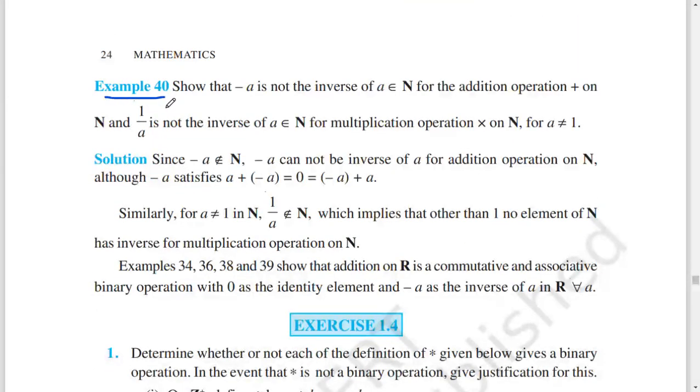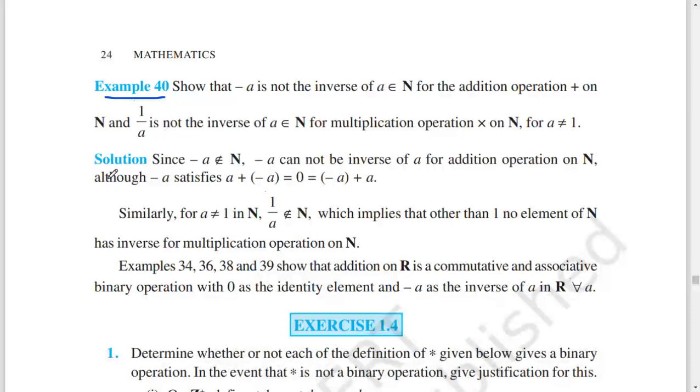Example 40. Show that −a is not the inverse of a belonging to N for the addition operation plus on N, and 1/a is not the inverse of a belonging to N for the multiplication operation cross on N, for a not equal to 1.